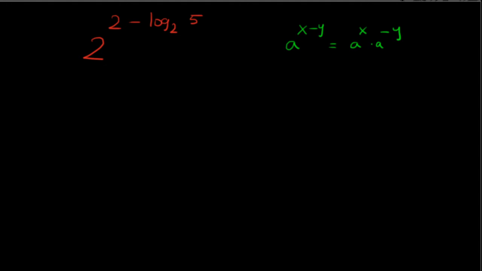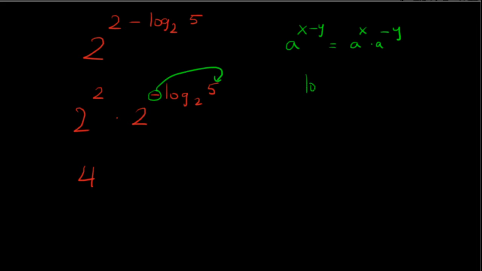So that would be 2 squared times 2 to the negative log base 2 of 5. 2 squared is 4. This negative, you can think of that as the exponent of 5.